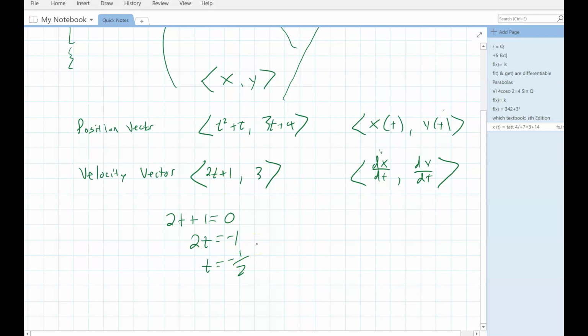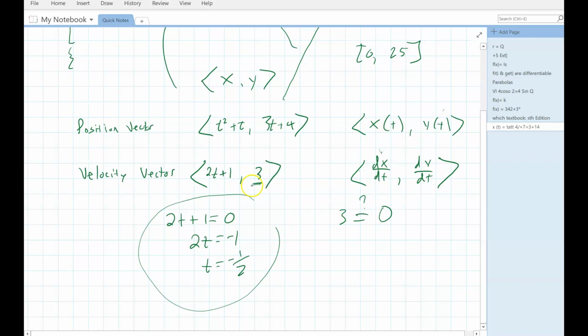Now sometimes that would mean it would never happen, because sometimes we'll describe a parametric equation over a certain interval of t's. If the interval of t was from 0 to 25 or something like that, then my particle is always moving in the horizontal direction. Now, when we look at the vertical direction, notice this 3; there's no way to make 3 equal to 0. Of course, 3 is never equal to 0.